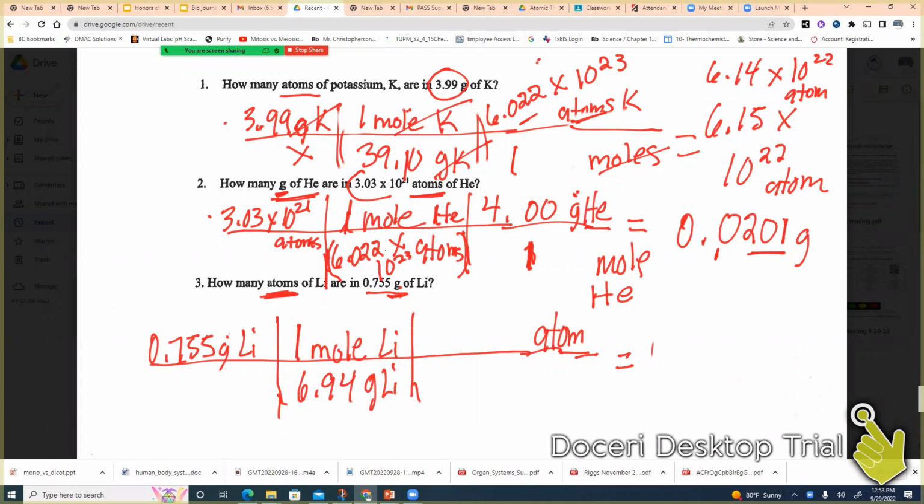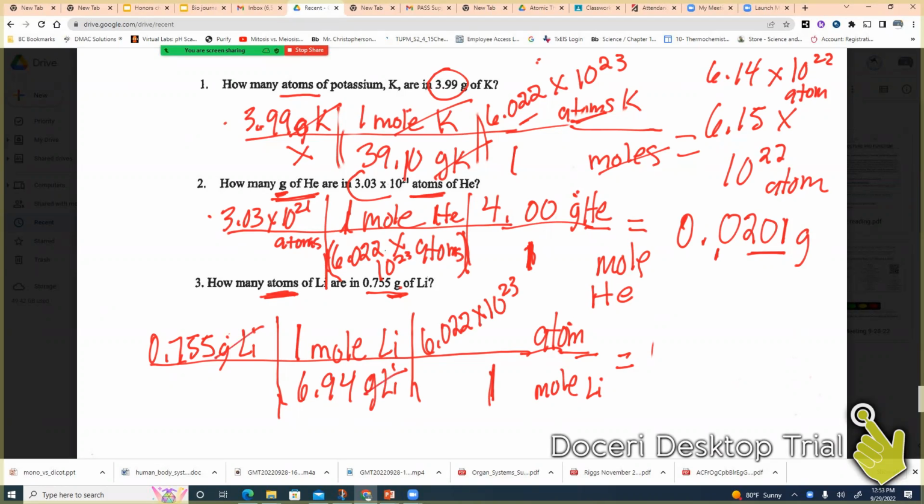Then I continue with moles of lithium. I have moles of lithium down here. See atoms, so that tells me that's where Avogadro's number needs to go. So 6.022 times 10 to the 23rd atoms per 1 mole.